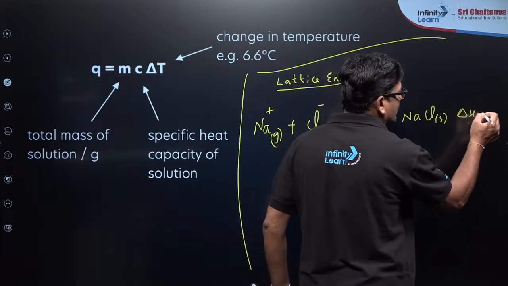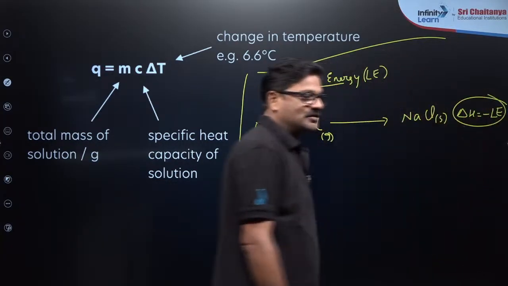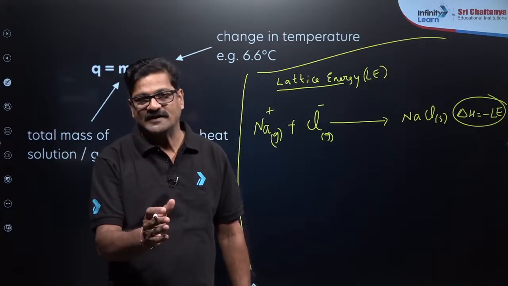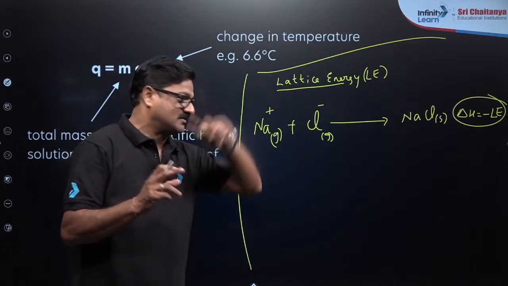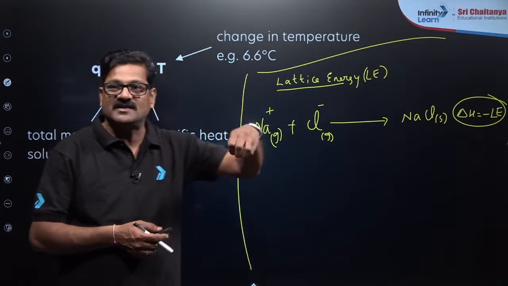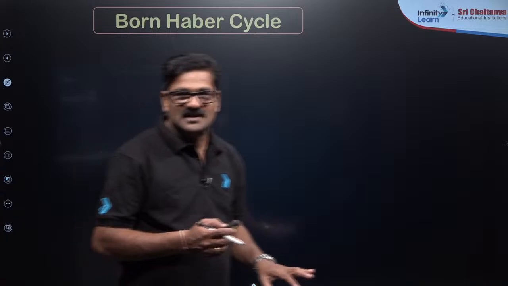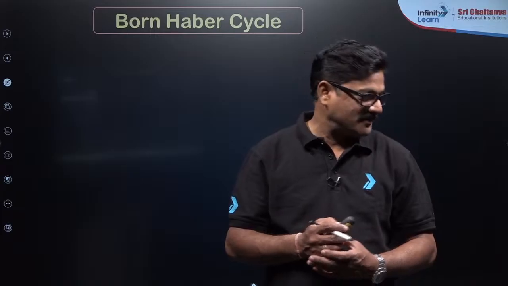Delta H is going to be minus lattice energy. You can't get these ions in the free state in the gaseous state. That's the reason why we use the Born-Haber cycle. This Born-Haber cycle is the application of Hess law of constant heat of summation.